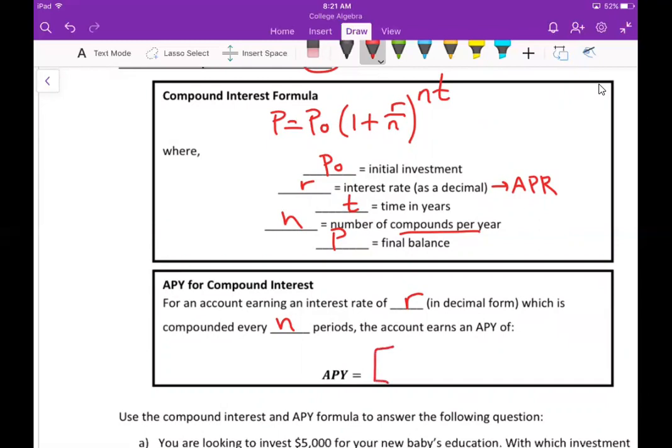What we're going to do is take that growth factor, right? The growth factor was 1 plus R over N to the N power. The growth factor is just for 1 year. The T then is left alone. It's like getting the X by itself in the power. But that's a growth factor. APY is a growth rate. So we'll take our growth factor minus 1 to get to the growth rate.